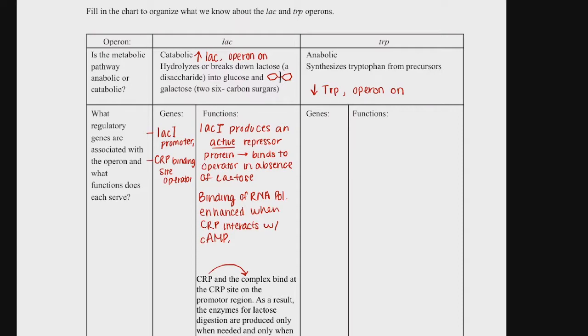Alright, moving on to tryptophan. The genes associated with tryptophan are promoter and operator.